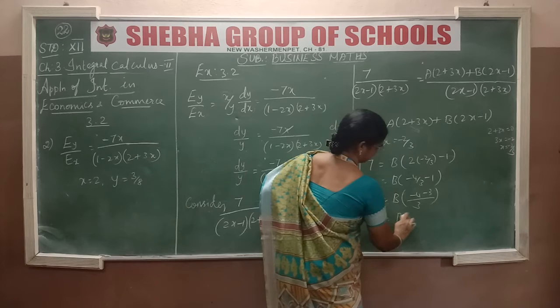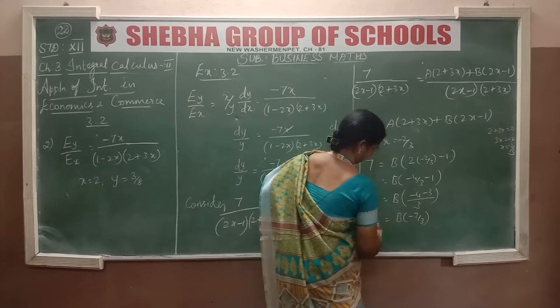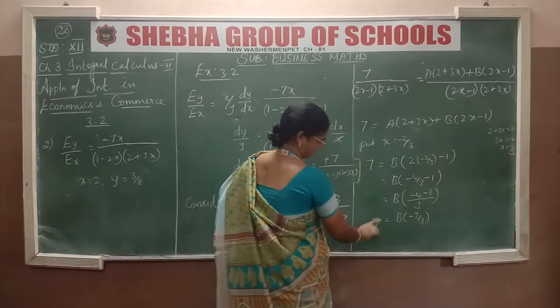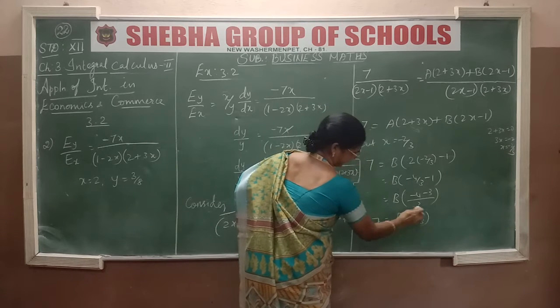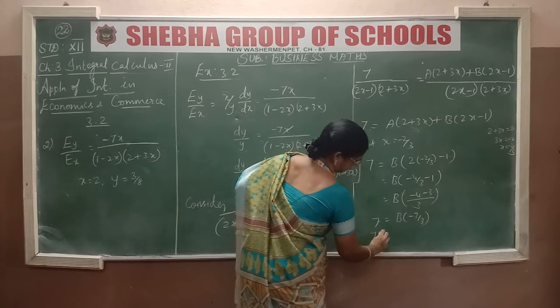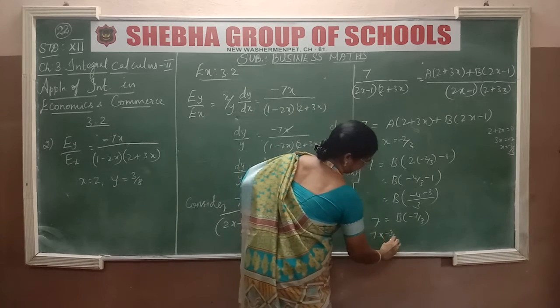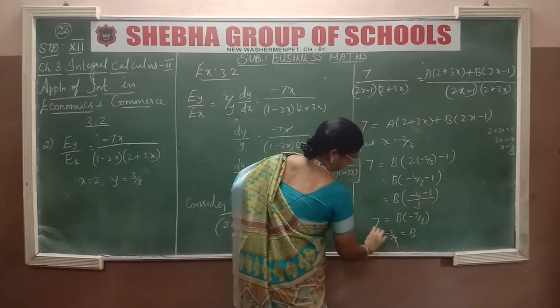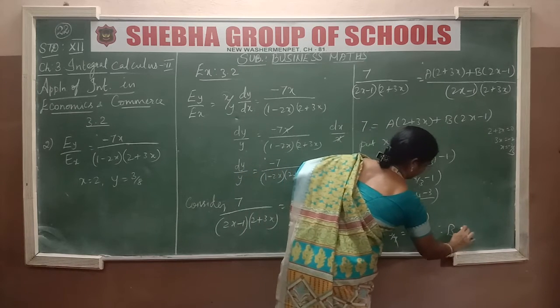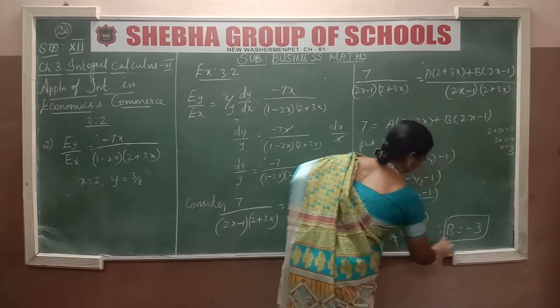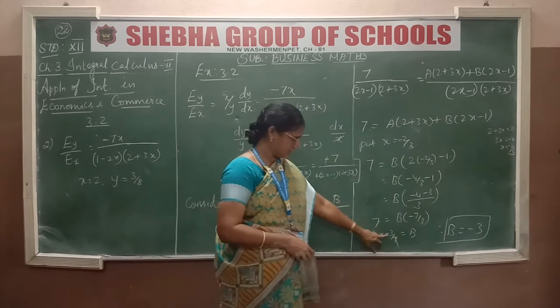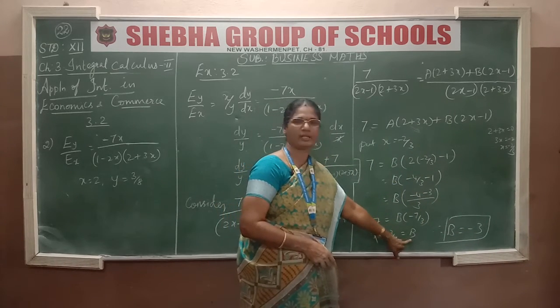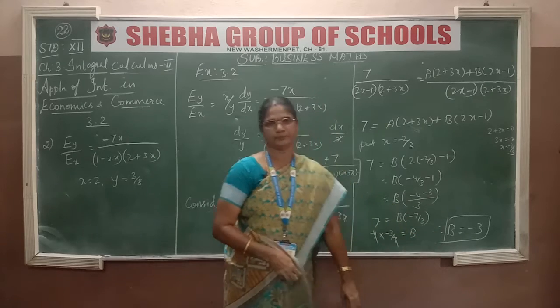So we get minus 7 by 3 times b. The left-hand side we have 7. Taking this to the left-hand side, 7 into minus 3 by 7 equals b. The 7 gets cancelled, the remaining one is minus 3. So our b value is minus 3.